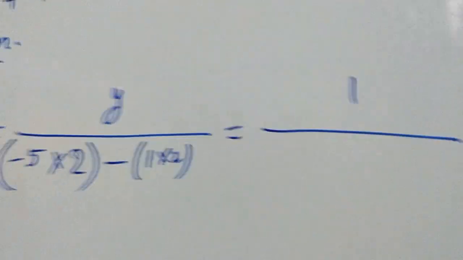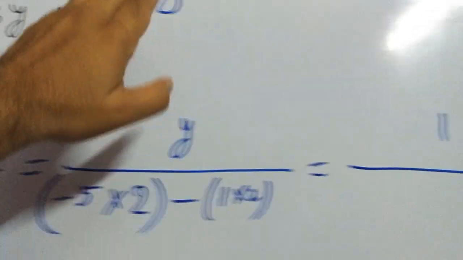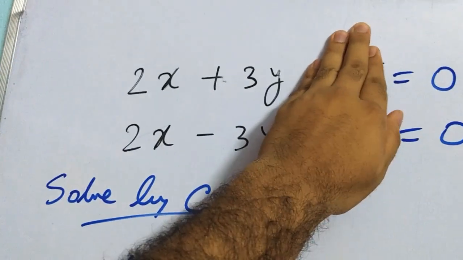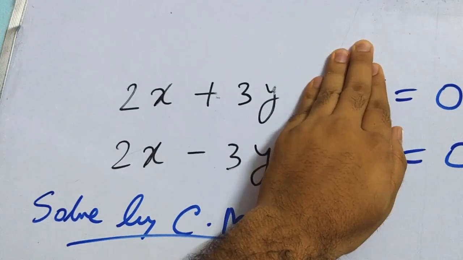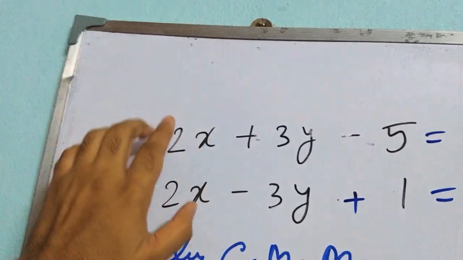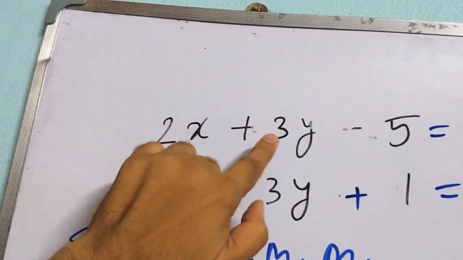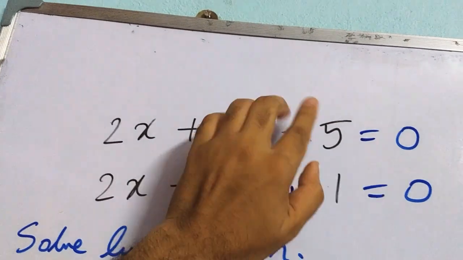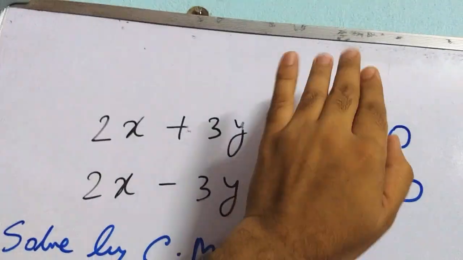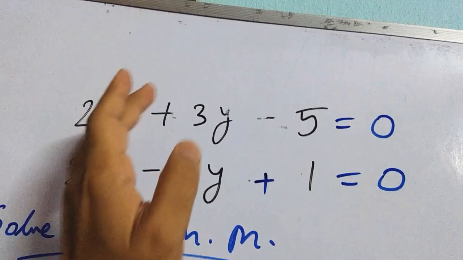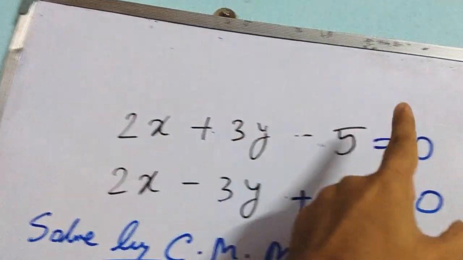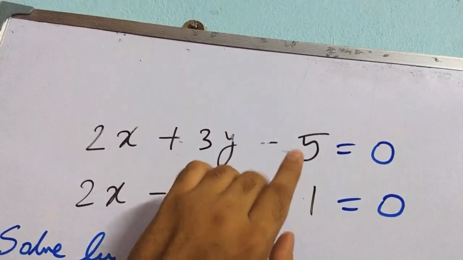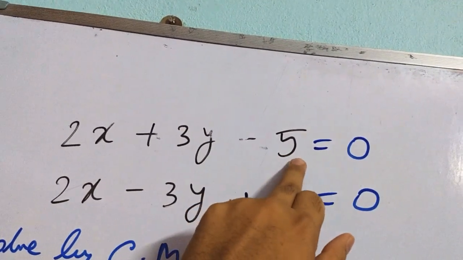Now 1 by is the constant part, so we will cover up the constant part here. I have told that whatever you see at the right hand side top comes first. When you cover this, just think it is round in shape, so 2x is coming at the right hand side of this one.